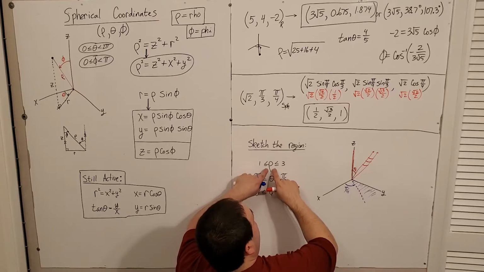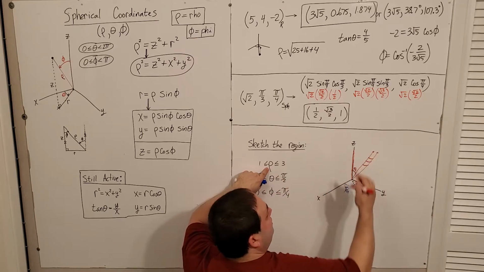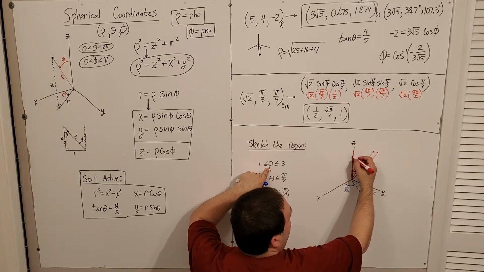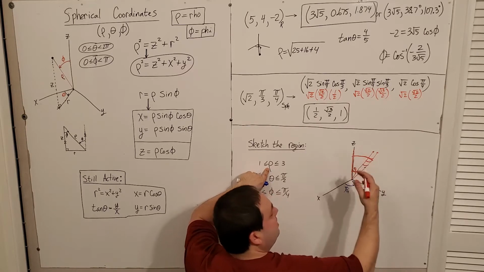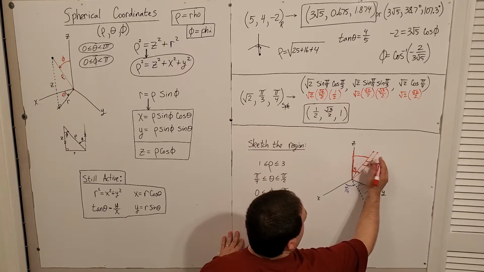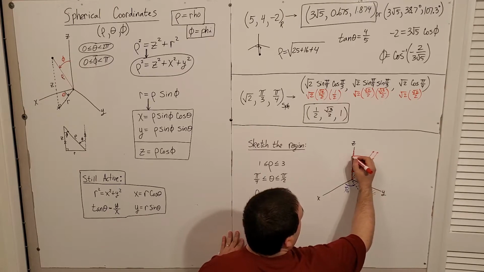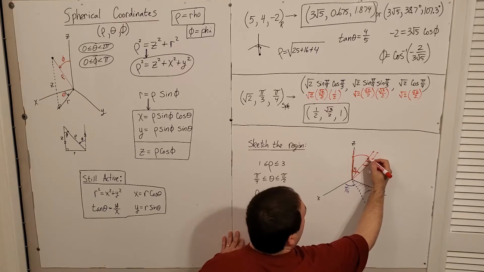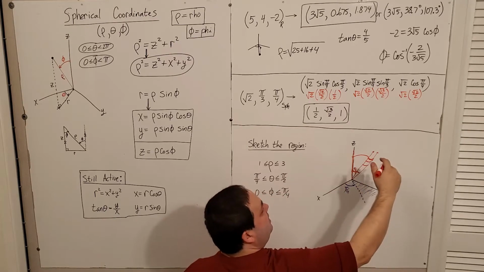And then I have to do rho from 1 to 3. So if rho equals 1 is about right here-ish, and then 3 might be somewhere about right here-ish, imagine pieces of spheres, okay? It's going to feel round here first, and then it's going to be the other way underneath.